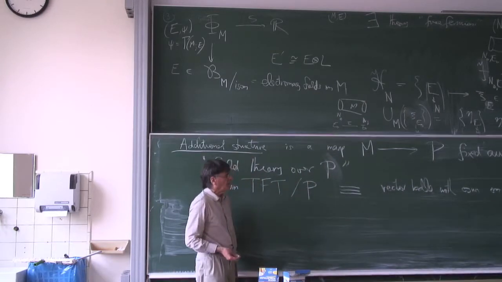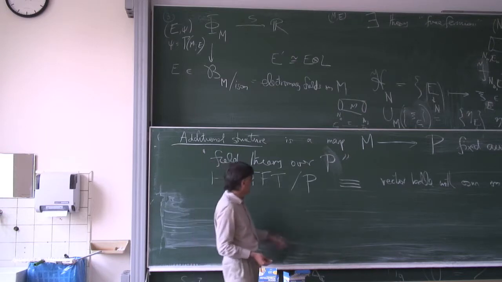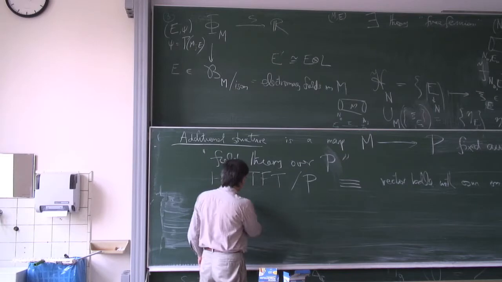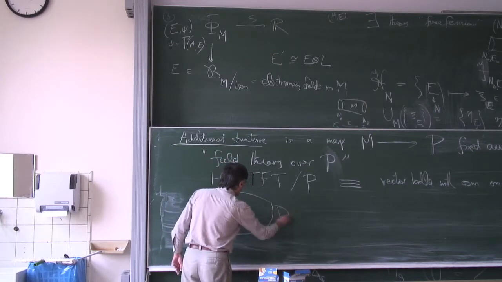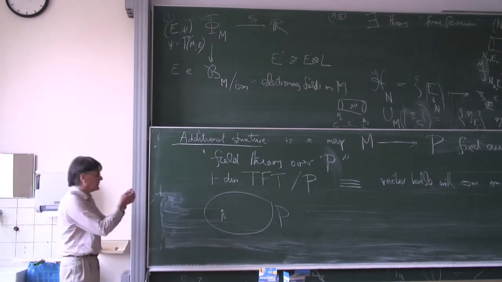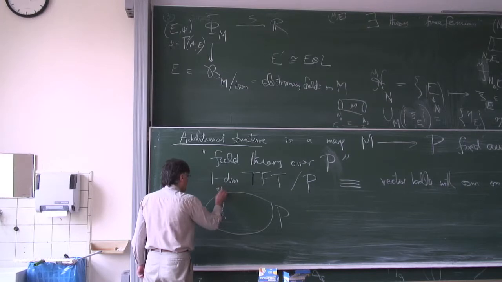Well, you see, what are the objects of the cobordism category? Zero-manifolds equipped with a map to P. So here is P. When we have some point p-naught in that, we have to associate a vector space H of p-naught.